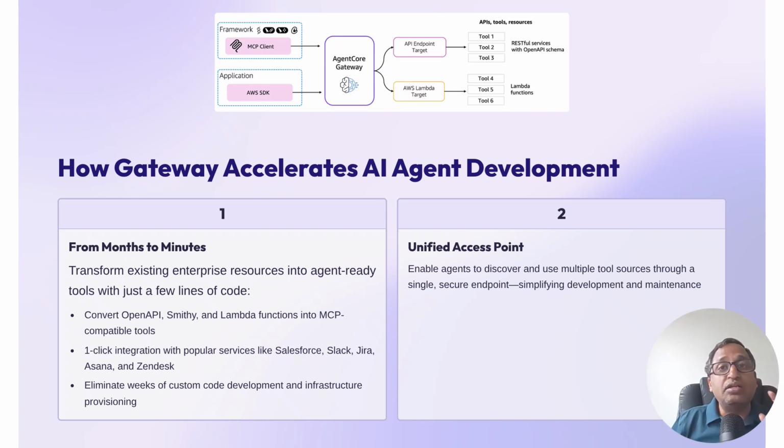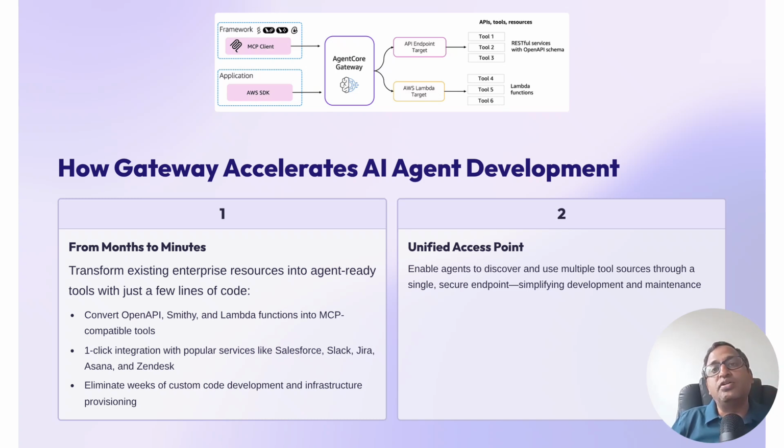Second, it offers a unified access point. Rather than scattering your agents across different tool registries or environments, you get one secure endpoint through which agents can discover and invoke tools. You could have one tool which should be used by, say, get customer preferences or get order details. If you have one API which might be required by multiple agents, then you can convert that API into an MCP tool. That could be a Lambda function, or another API, or some SaaS integration.